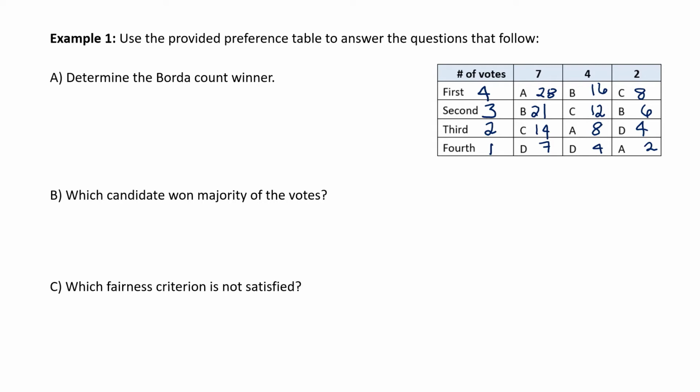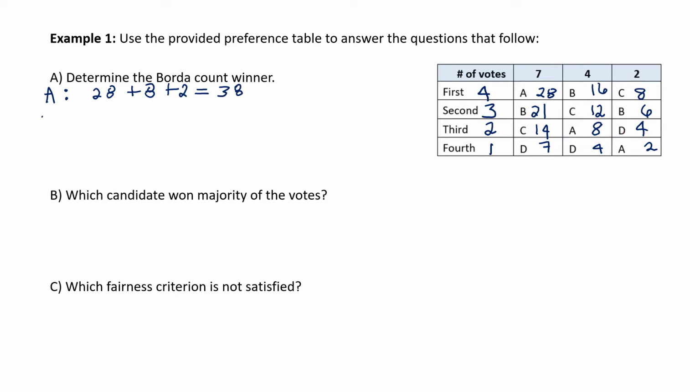Now, let's add up all the counts for A. On the first ballot, 28 points. On the second, 8. And on the third, 2. The sum of those points is 38.